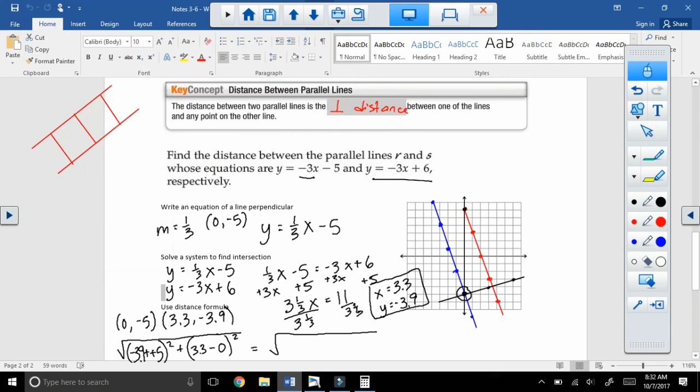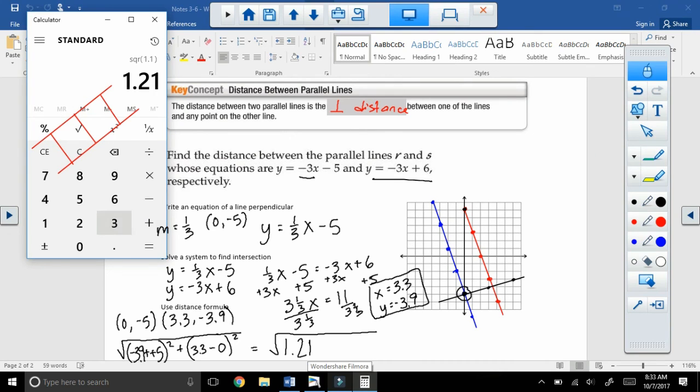So this is 1.21. And then I need to figure out what 3.3 squared is. And that is 10.89. So I'm going to write down that I have plus 10.89.